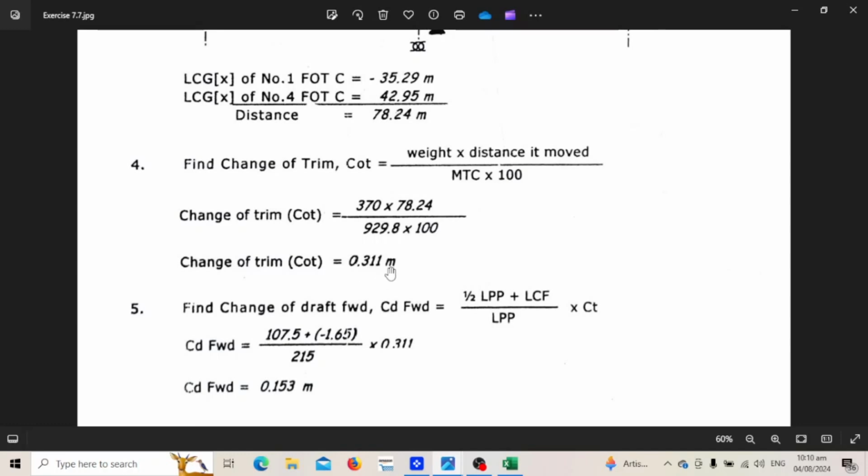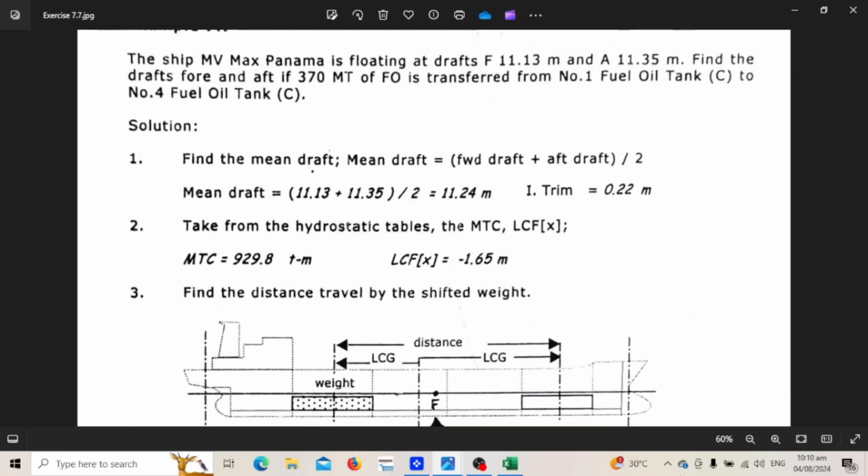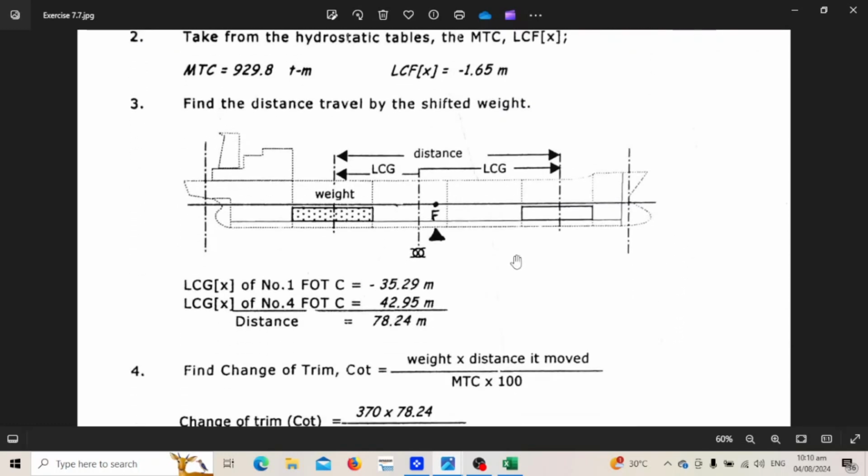Okay, because by visual, by common sense, you're adding weight to number 4, meaning this part of the vessel will sink and this part of the vessel will rise because you already discharged this weight and shifted it to number 4.